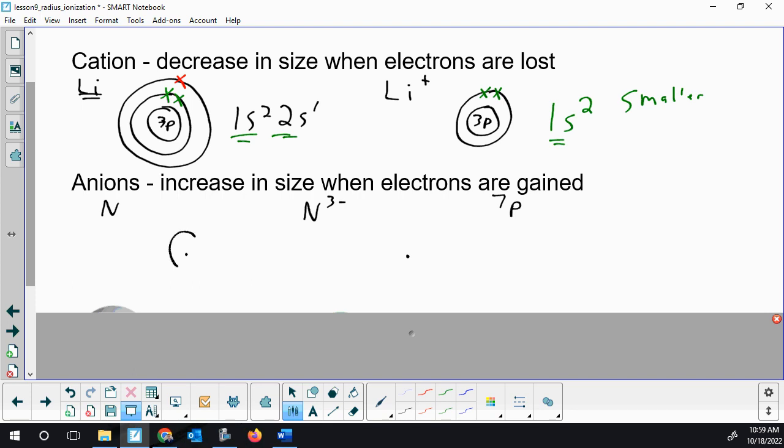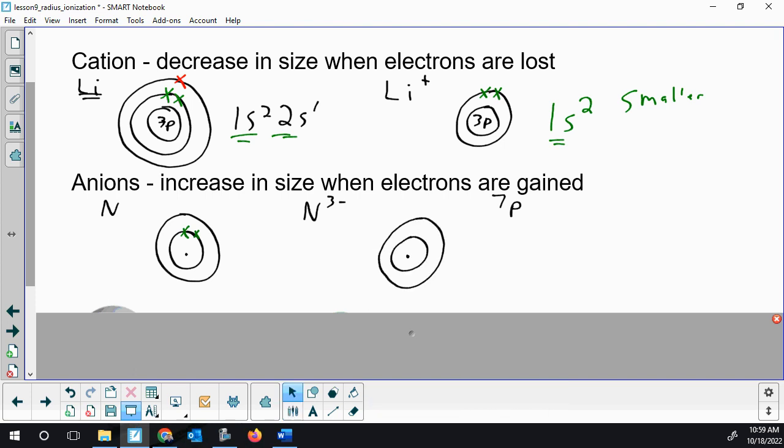Nitrogen, the first energy level is filled, the second is not totally filled. So that's the 1s2 for the atom and the ion.